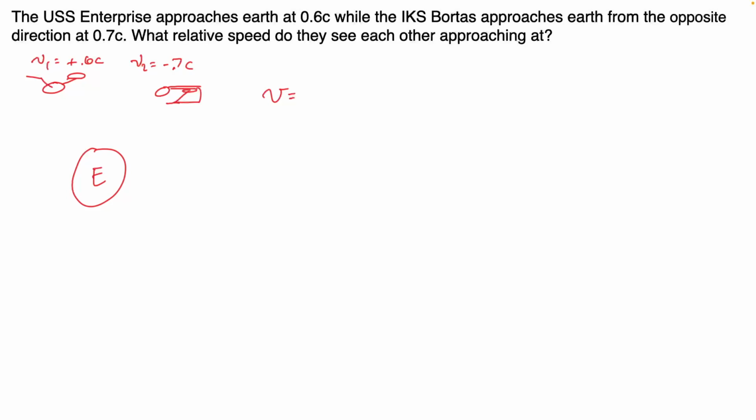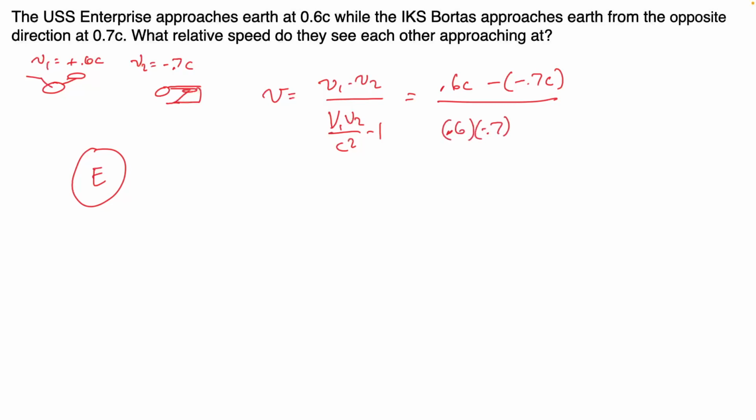We want to solve for V. And I told you that was V1 minus V2 all over V1 V2 over C squared minus 1. All right, so we drop some numbers in here: V1, 0.6C minus a negative 0.7C, all over 0.6 times a negative 0.7 minus 1.